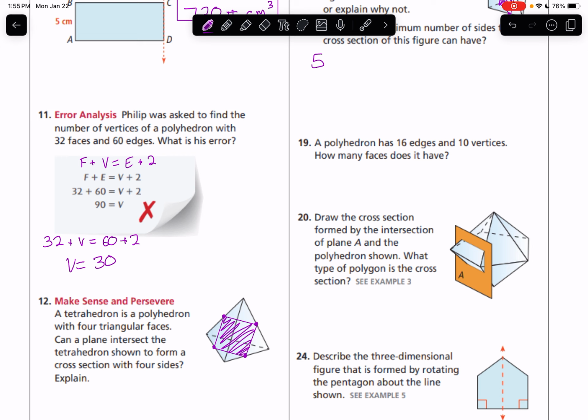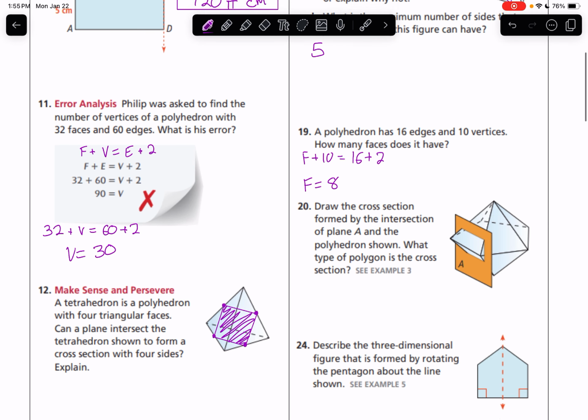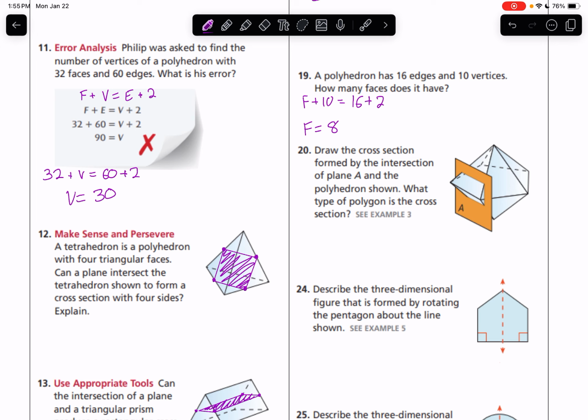Number 19, a polyhedron has 16 edges and 10 vertices. So we use faces plus 10 vertices equals 16 edges plus 2. And that gives us faces needs to be 8, because F plus 10 equals 18. Number 20, draw the cross-section formed by the intersection of plane A and the polyhedron shown.